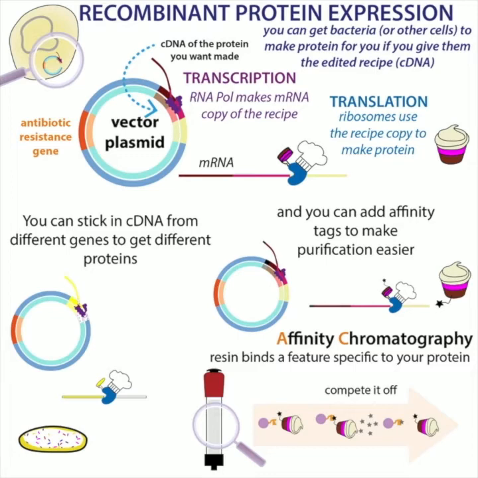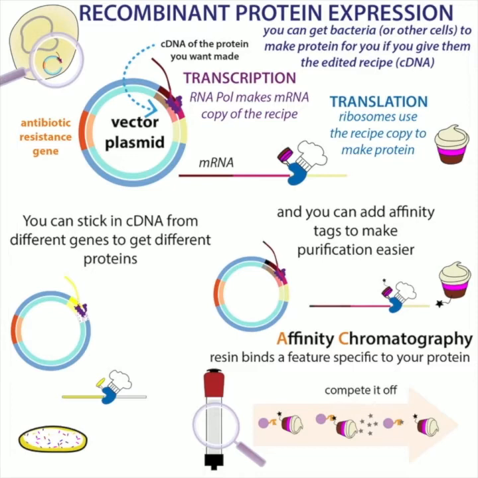With bacteria, you're typically sticking the DNA into a plasmid, which is a circular piece of DNA. You can stick in different genetic recipes, which we call cDNAs, complementary DNAs, which are DNA versions of the mRNA, as in yesterday's post.